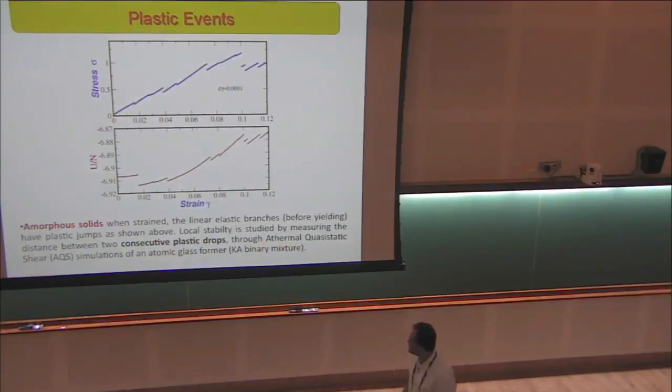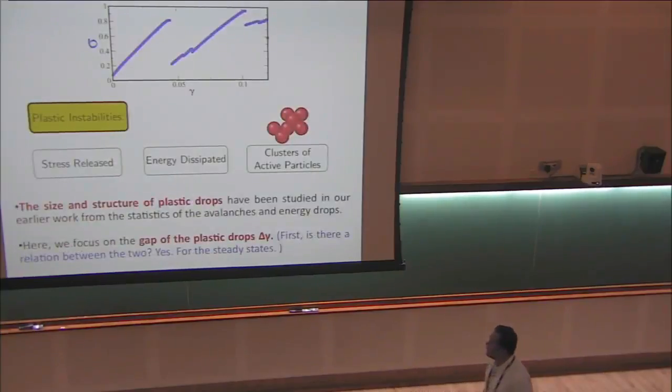These are the plastic events, and the corresponding energy looks like so. The size and the structure of these plastic drops can be looked at in various ways. I won't spend any time talking about the spatial structure of these, though it has been a point of considerable interest for us. So here we basically look at just the gaps, or the distances, between successive plastic drops.